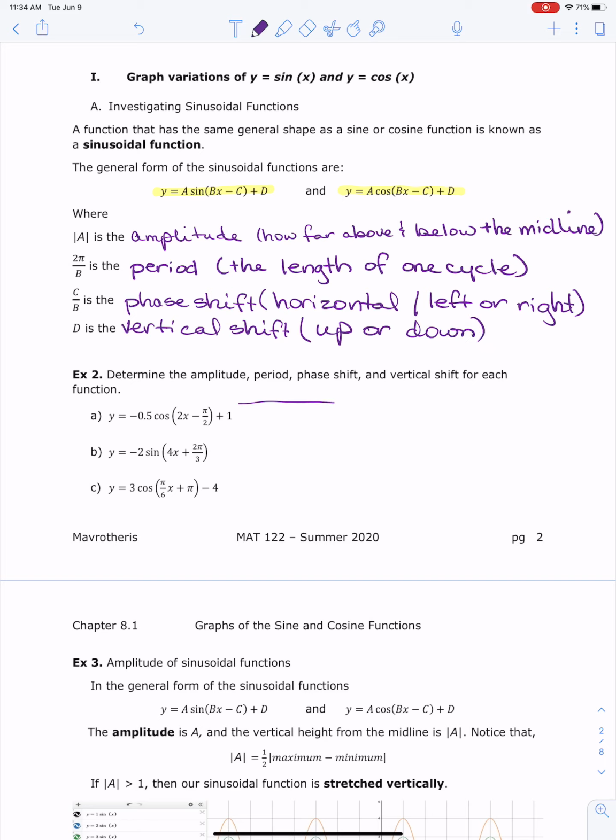Okay, so let us see if we can crank through some of these. We will talk about how to use these in subsequent pages. Right now we're just going to kind of crank through and make sure we're okay finding these values.